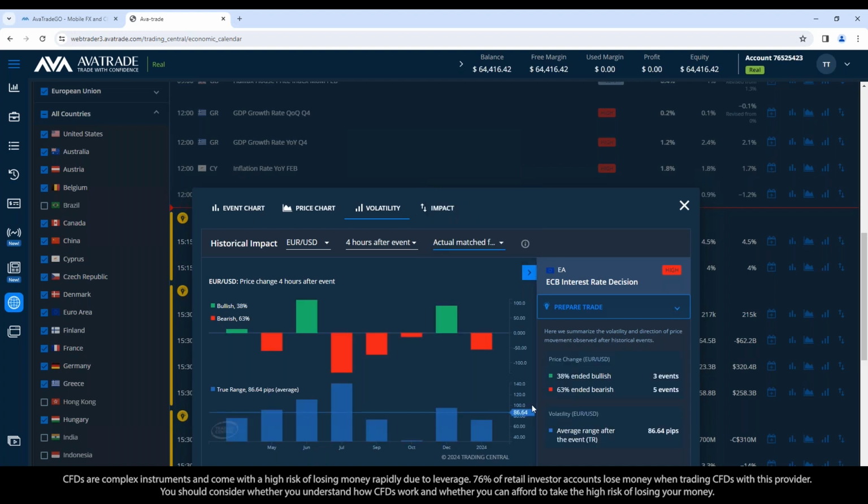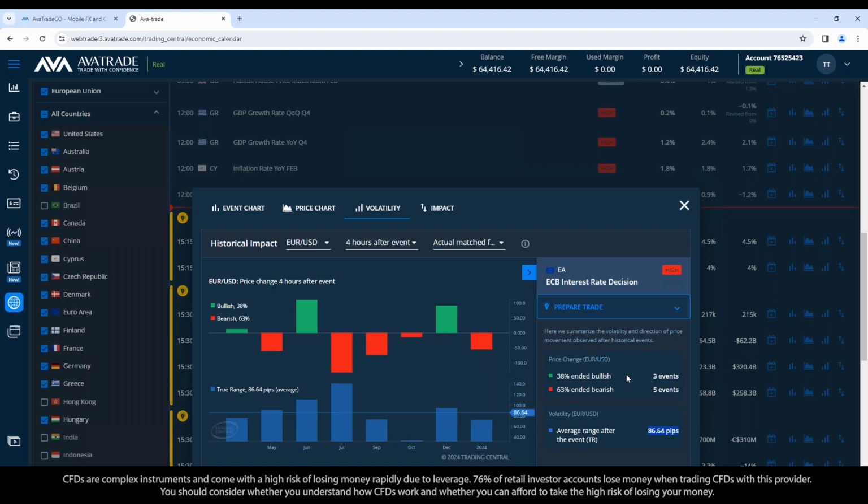And what we see is almost 2/3 of the time, the euro has weakened against the USD, okay, with around 86 pips movement. So, 3 times it went up, and 1, 2, 3, 4, 5 times it went down, all right? So you can make what you will of that.